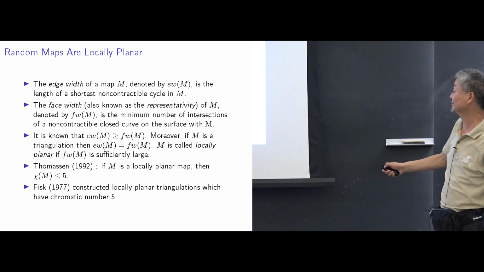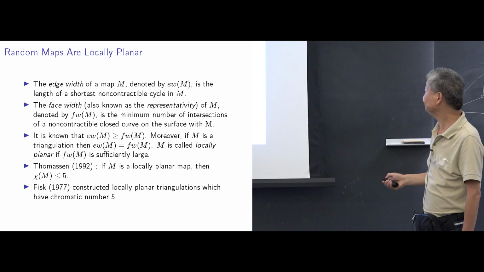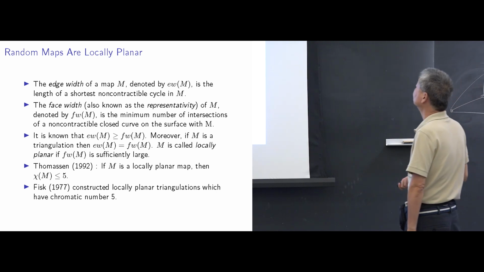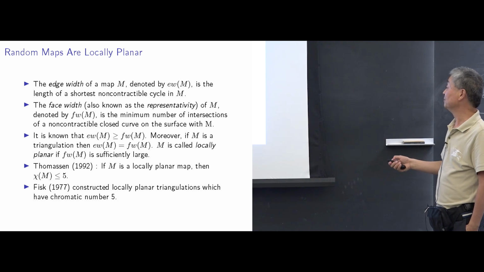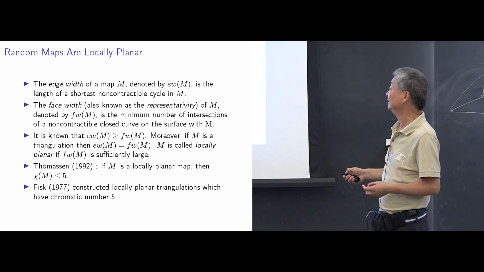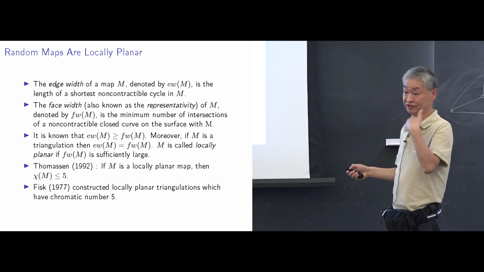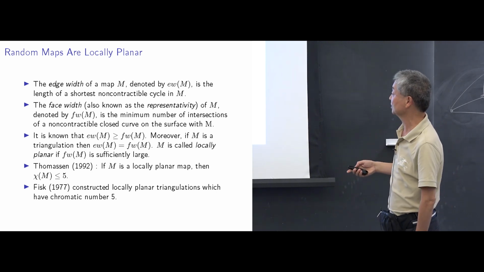But in general, edge width is bigger than or equal to the face width. So let me remind you of this definition: a map is called locally planar if the face width is sufficiently large, okay? Then, of course, edge width is also sufficiently large.